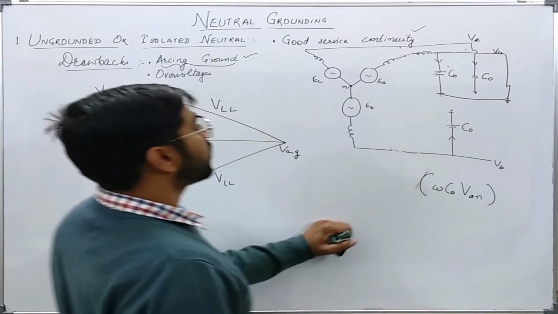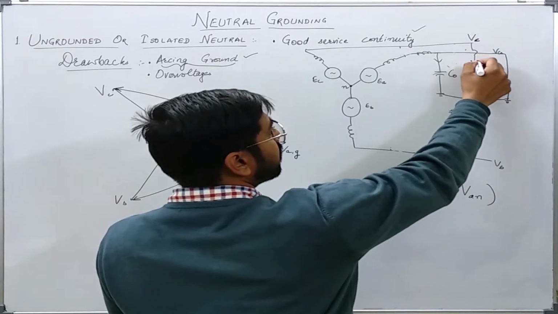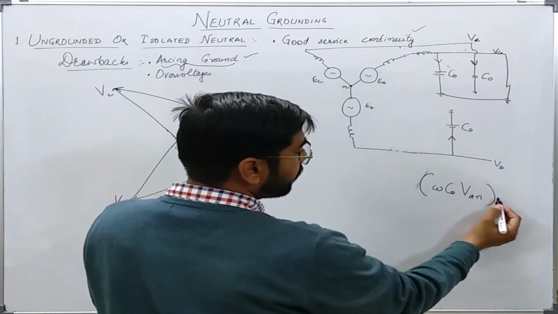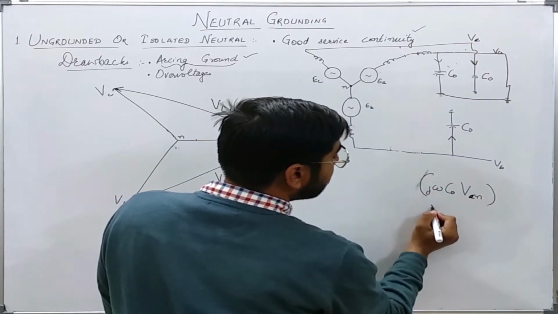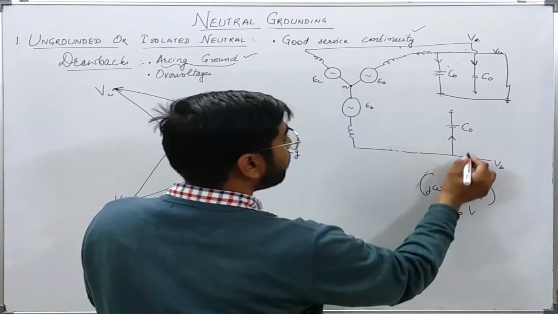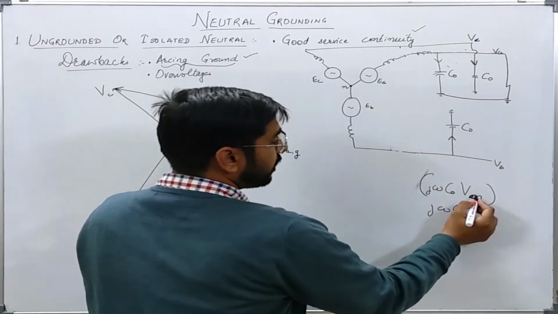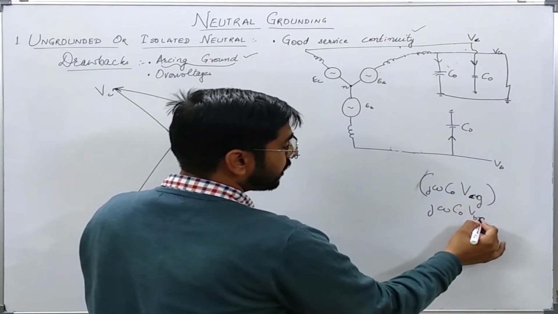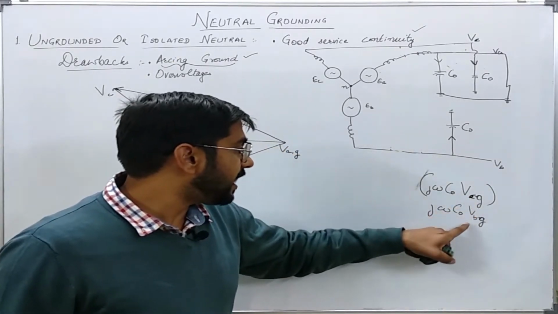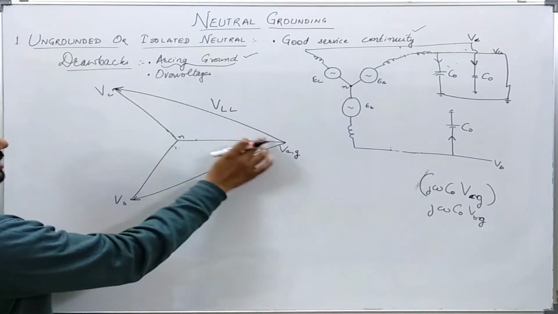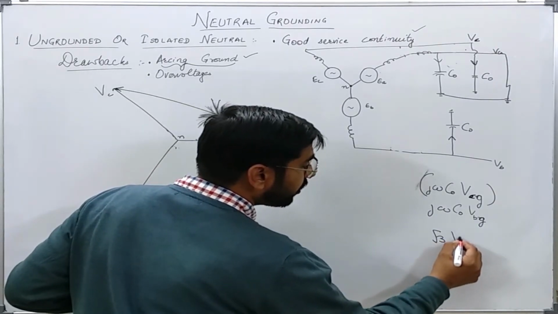Now this is some current, this is some current, and their values are the same, omega C naught VCN and j omega C naught VBN. Sorry, instead of N, now it will be G. Now you see that VCG and VBG have increased to root 3 times the initial value.